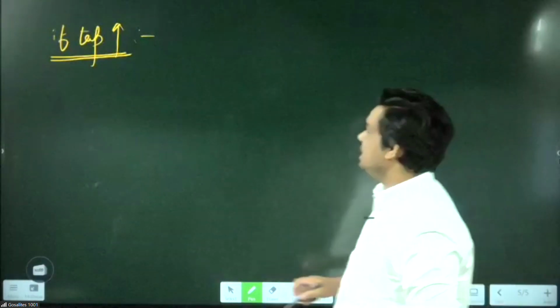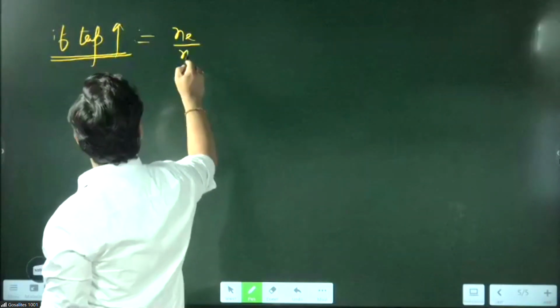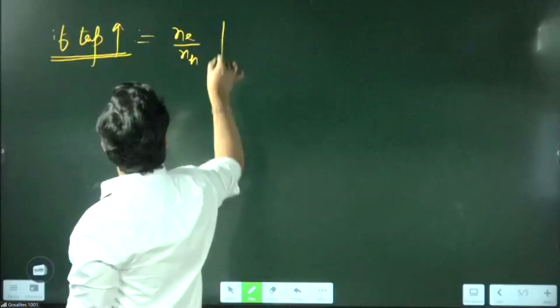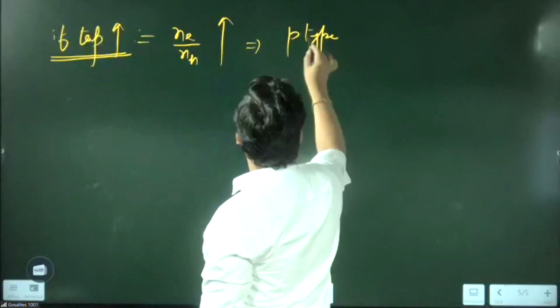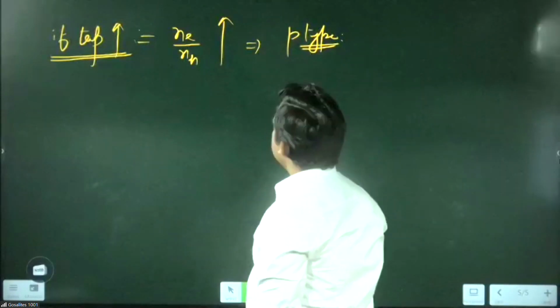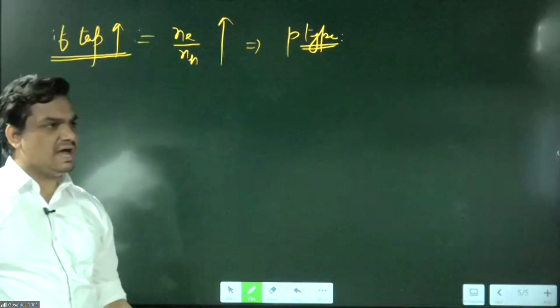Now here, if temperature increases, they will ask about Ne by NH. We know Ne by NH will increase for p type. Why? I will tell you one example.